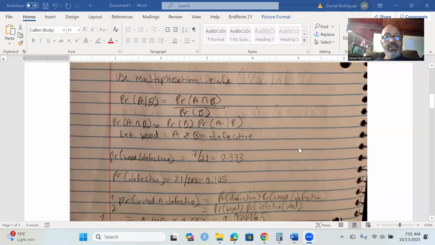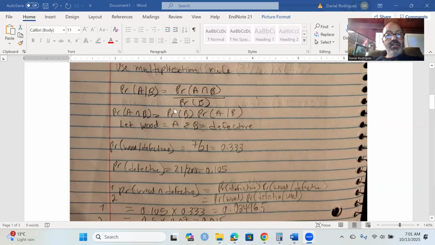Using the multiplication rule, and I'm using just the symbols A and B at first. The probability of A given that B occurred is the probability of A intersection B, that's the intersection symbol, divided by the probability of B. The probability of B is always a condition, right? You always have a condition in the denominator.